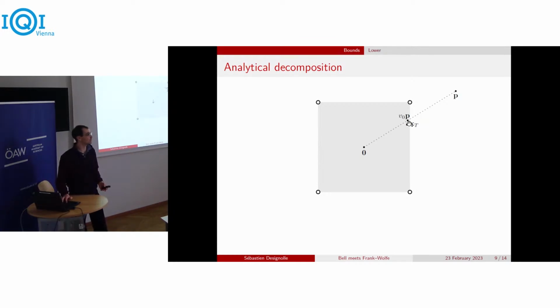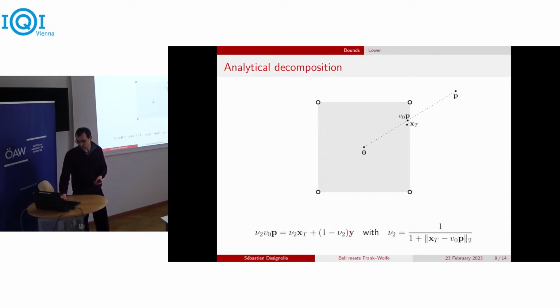You're not there yet. What you need to do, and this is what Flavien did a few years ago in 2017, is to go one step further and say that you're close enough to exhibit a decomposition.